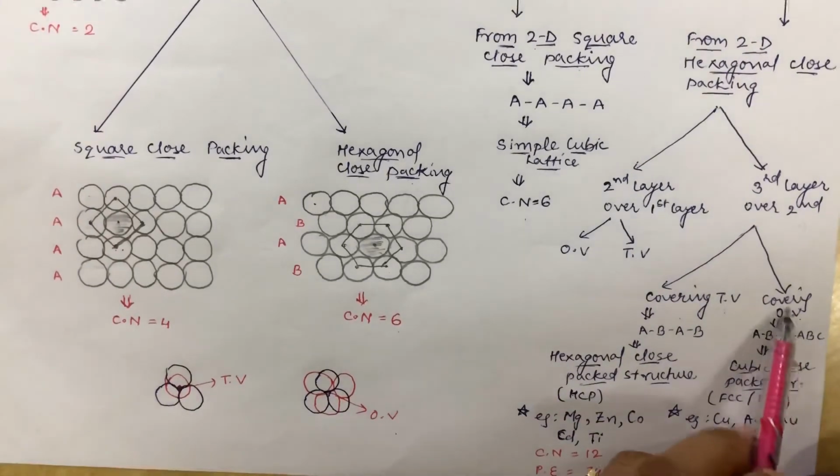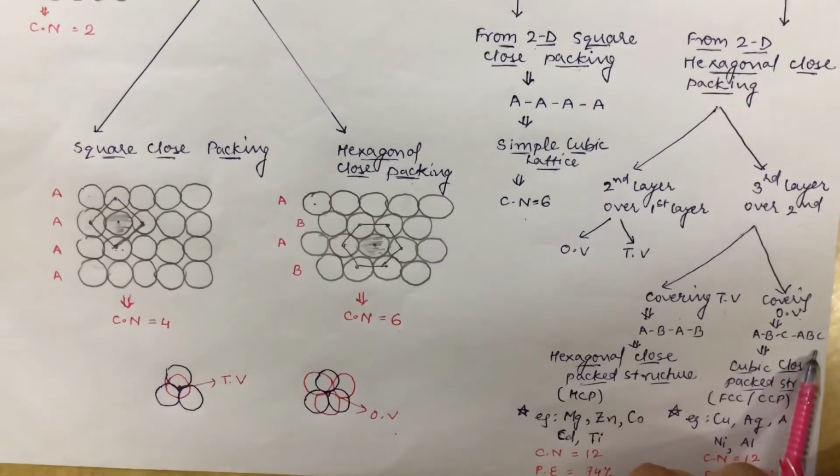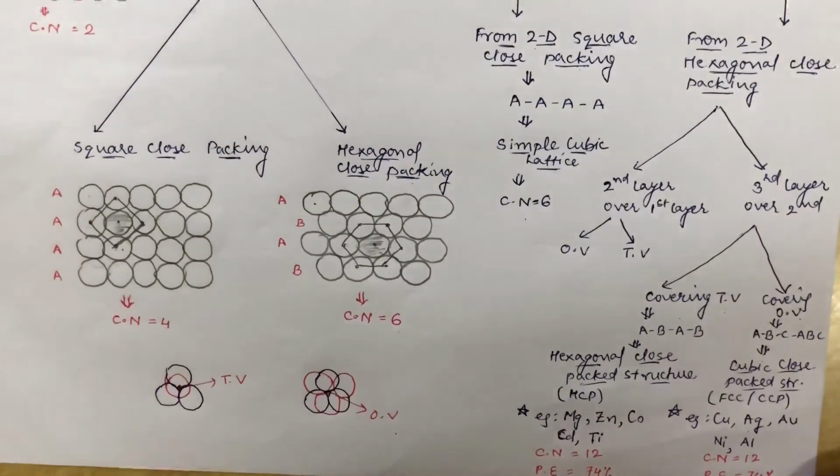Now, if you are covering the octahedral void, you get back an ABC type of structure, which we refer to as cubic close packed structure, or otherwise FCC and CCP, where examples play an important part from the exam point of view. Copper and silver are given in the book. Gold, nickel and aluminum also form examples which have such an FCC type of arrangement.